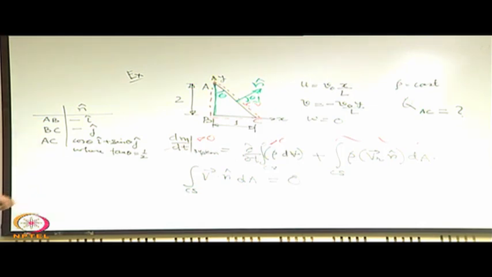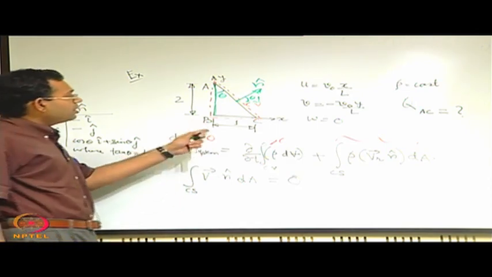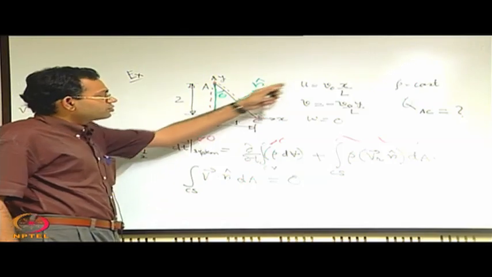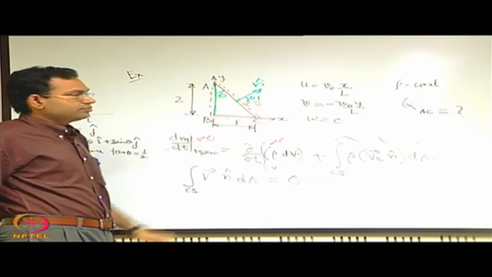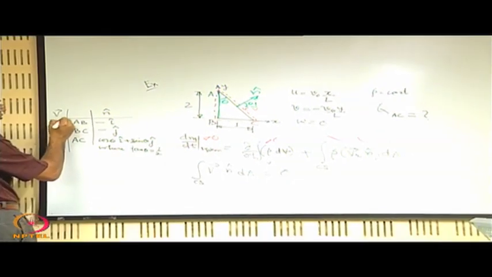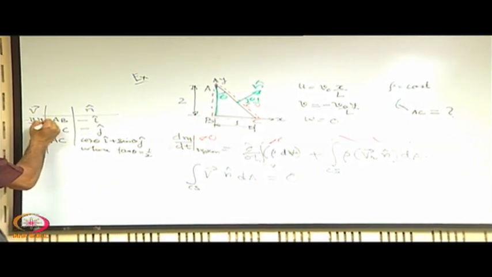Let us write in the same table what the velocity V cap is. So, for AB what is V cap? For AB x is 0, so u is not there, there is some V. Okay. So, it is minus V0 y by L j.